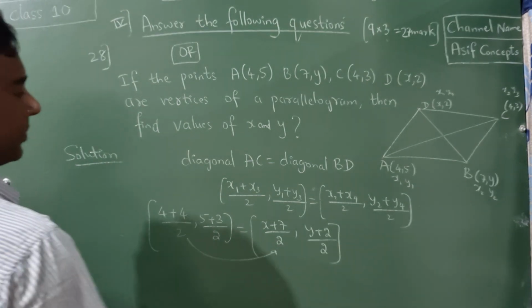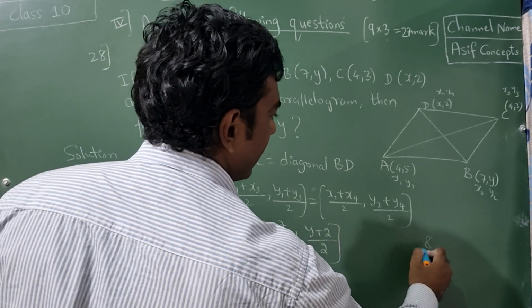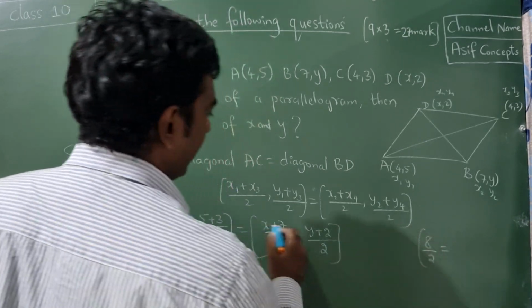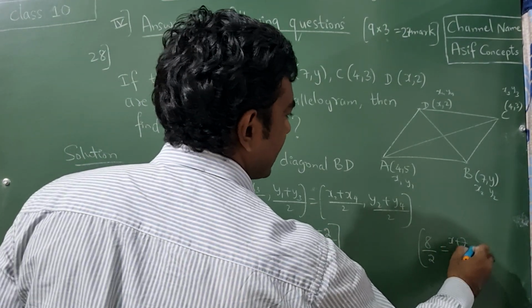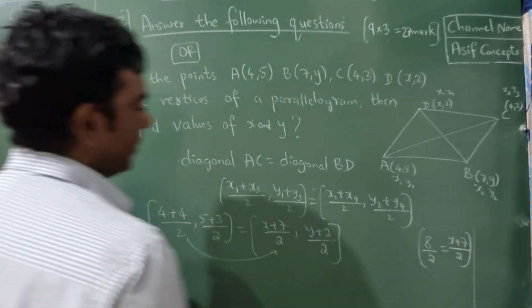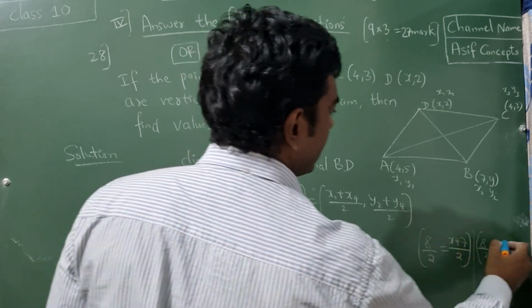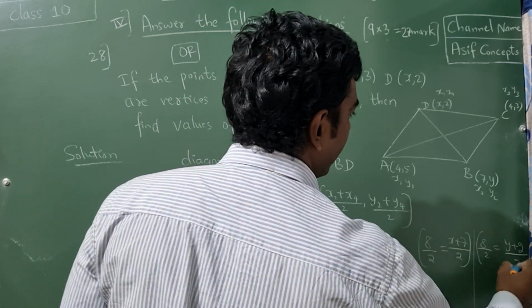Equating this, okay, 4 plus 4, it is 8 by 2 is equal to x plus 7 by 2. Fine. Now 5 plus 3 is again 8 by 2 and this will be y plus 2 divided by 2.